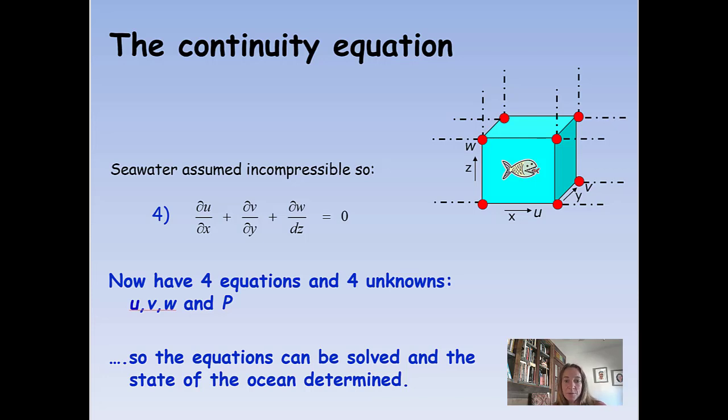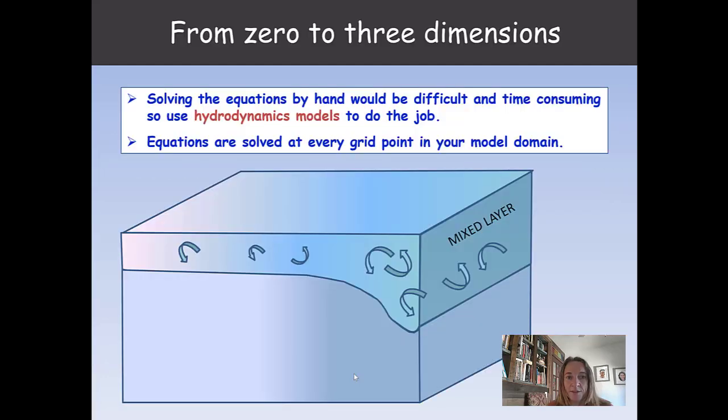So now we have four equations and four unknown variables, u, v, w for our velocities in each direction, and p for pressure. With four equations and four unknowns, the equations can be solved and the state of the ocean can be determined. Solving these equations by hand, particularly over a large model domain, would be extremely difficult. That's why we use a hydrodynamic model to do the job for us.